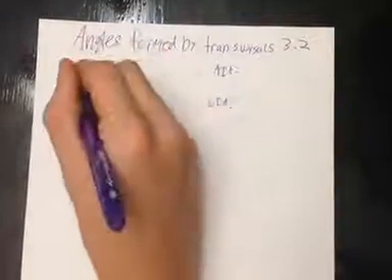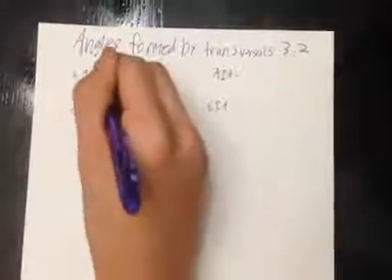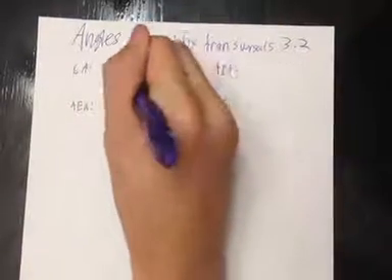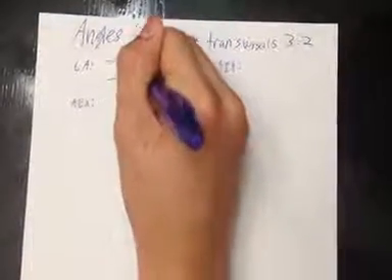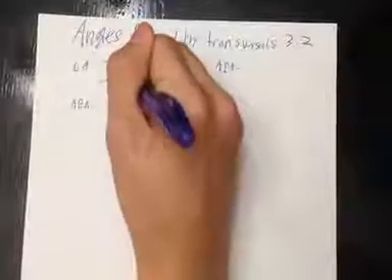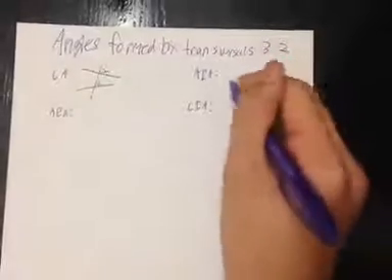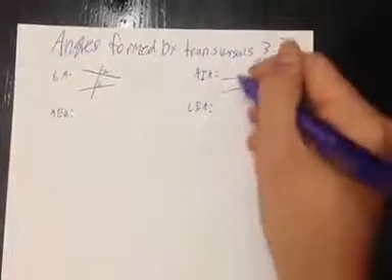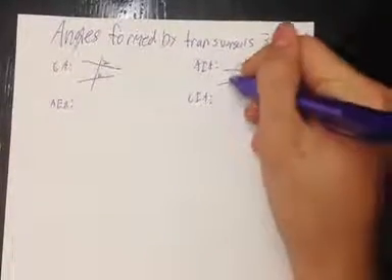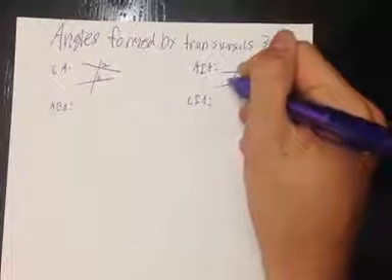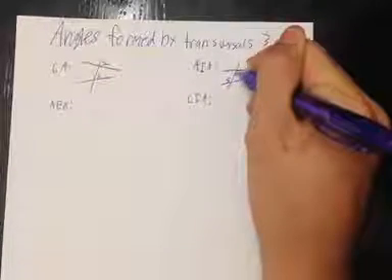Angles formed by transversals, 3.2. Corresponding angles are angles when you have two lines cut by a transversal and are on the right of the transversal, like angle 2 and angle 6. Those are corresponding angles. Alternating interior angles are about the same, two lines cut by a transversal, but instead are alternating from each other, like angle 5 and angle 4.